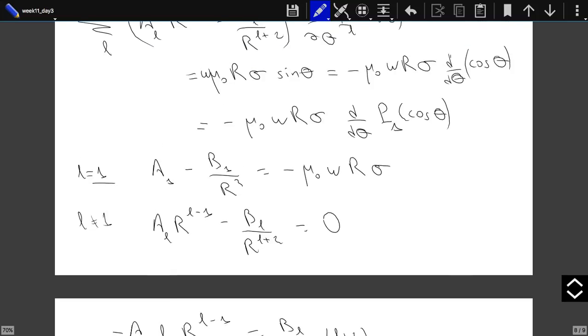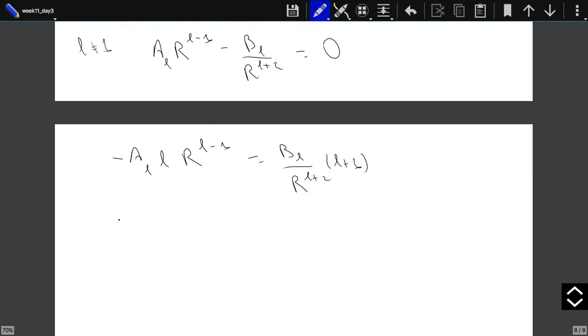But if you look at the above expression for L different than 1, this tells me that AL and BL should be of the same sign. Two constants can be both of the same sign and of opposite sign only if they are both 0. So I already know the solution for AL and BL if L is different than 1.